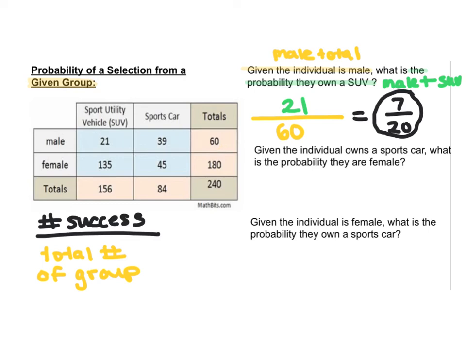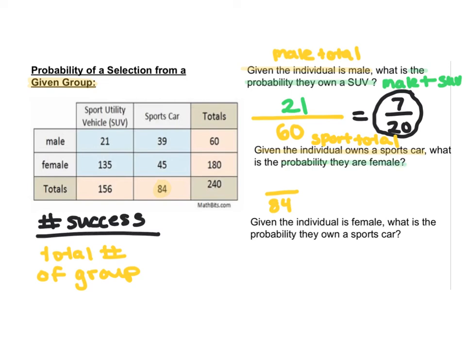Now, the next example, we erase what's on our table to clear it off again. It says, given that the individual owns a sports car, that means it's asking us for the sports car total. And if we look at the sports car column, the sports car total is 84. So it's over 84. It says, what is the probability that they are female?